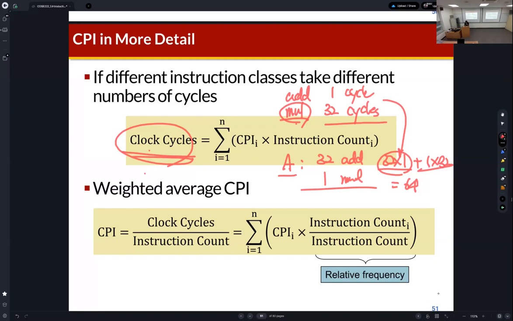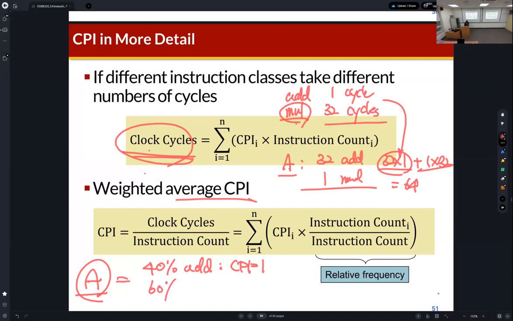In order to calculate the average CPI, we need to know the weight of each instruction, right? So for example, this is program A. Program A includes 40% add instructions, and the CPI of add is 1.